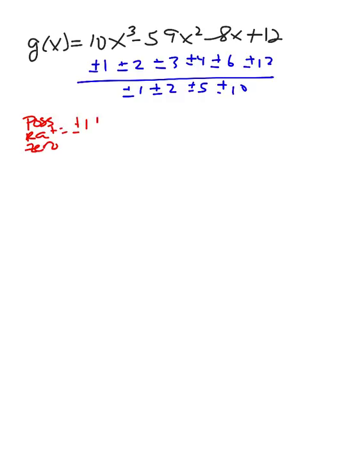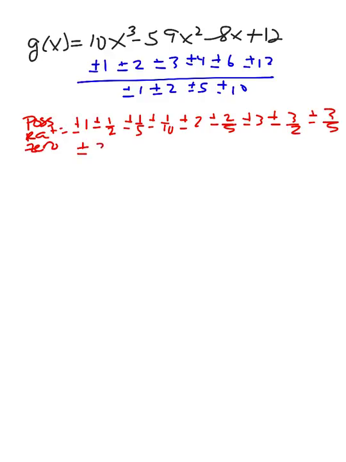We have plus minus a half, plus minus 1/5, plus minus 1/10, plus minus 2, plus minus 2/5, plus minus 3, plus minus 3/2, plus minus 3/5, plus minus 3/10, plus minus 4, plus minus 4/5, plus minus 6, plus minus 6/5, plus minus 12, and plus minus 12/5.